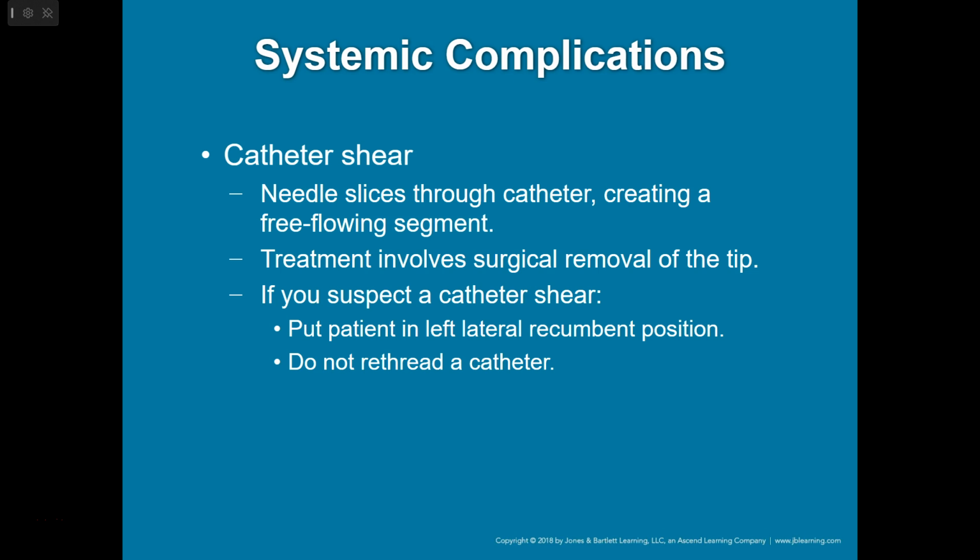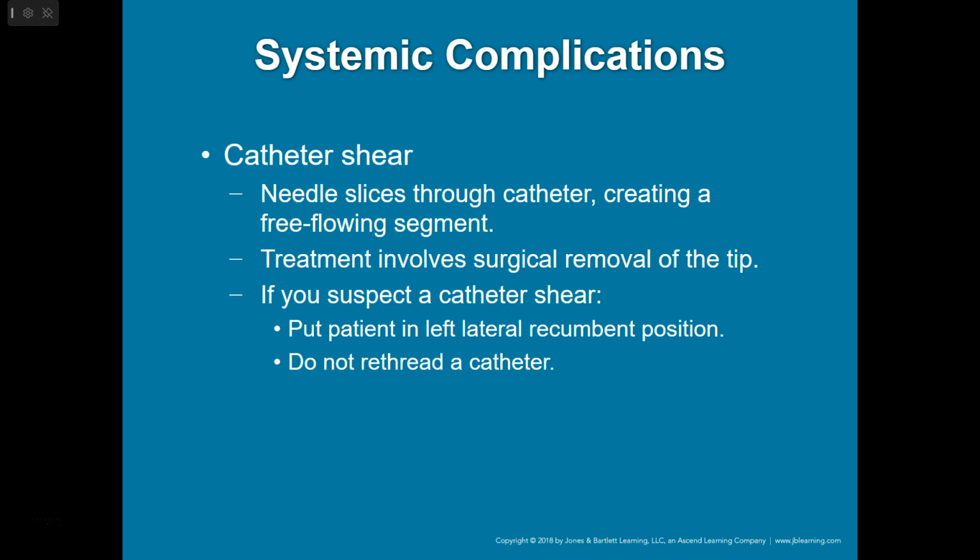Well, what can happen is the tip of that catheter is actually sheared and comes apart and is then free floating in the vasculature and can travel into the lungs, can travel anywhere. So prevent catheter shear. Don't ever try to re-thread your catheter back onto the needle while you're in the vein.